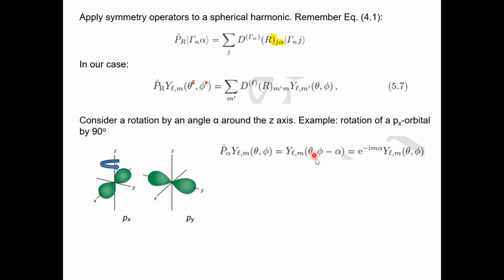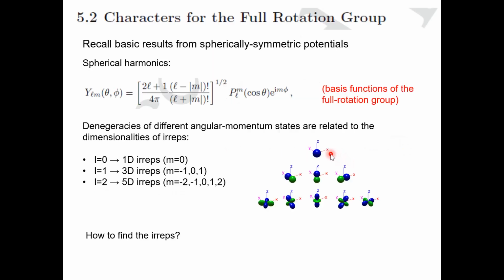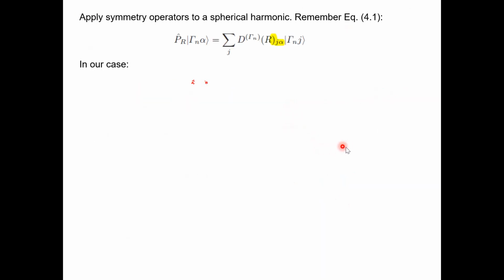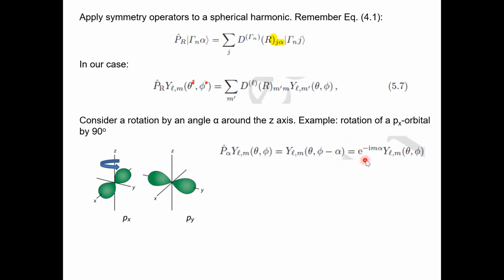And this is easy to calculate because if you remember the formula for the spherical harmonics, the phi dependence is simply e to the i m phi. So if I take phi to phi minus alpha, I simply get a factor of e to the i m alpha when I do this rotation, and then I recover the same spherical harmonic that I had before.